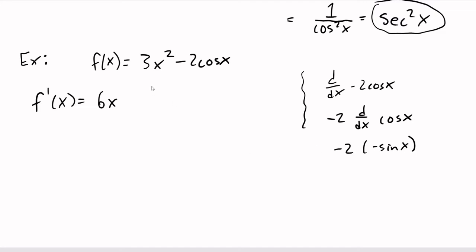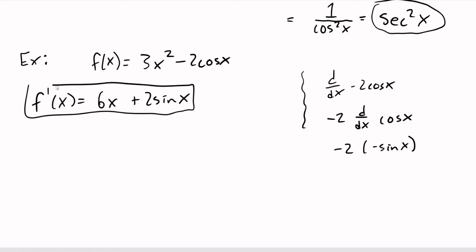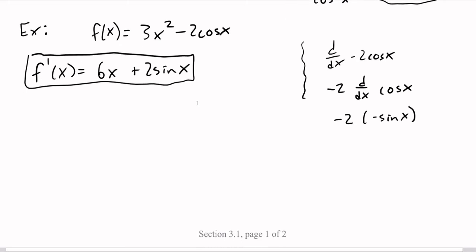You don't have to be doing these things all in your head, all in one go. You practice this enough, you will be, but it's not a necessity right now as you're learning. Bring this over, that's plus 2 sine x. Boom. There you go.